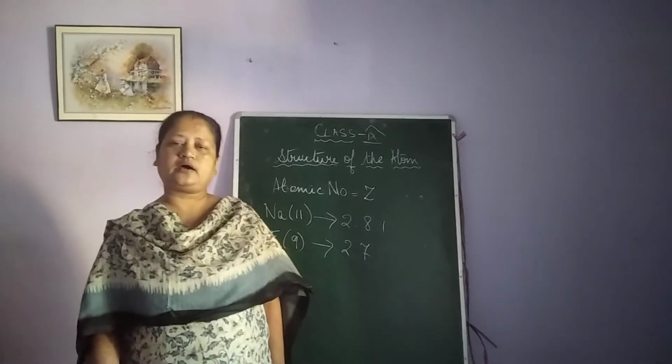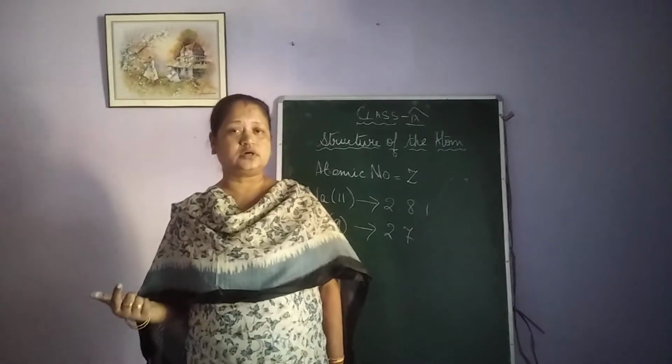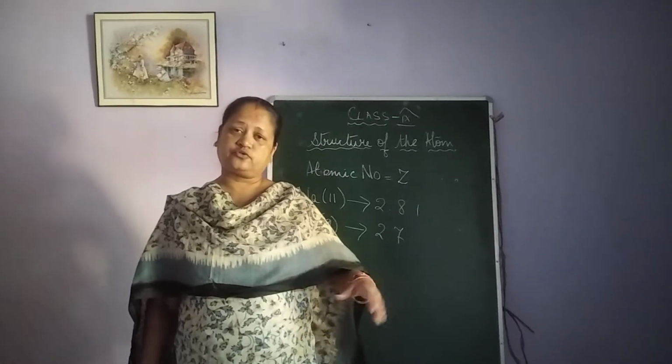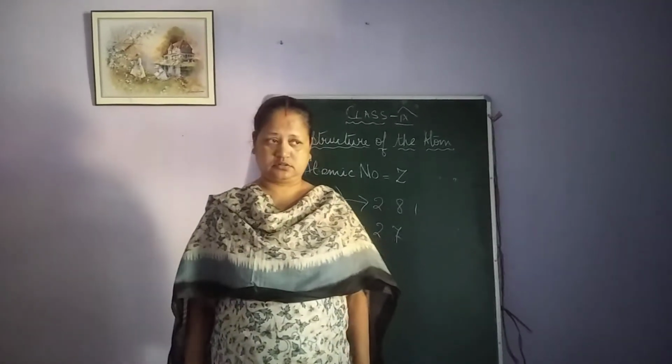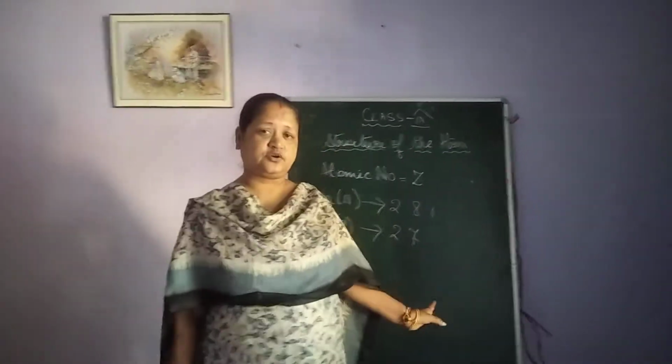So if you know the atomic number, you will know the number of electrons present in that element, and that will help you find the valency of the element.